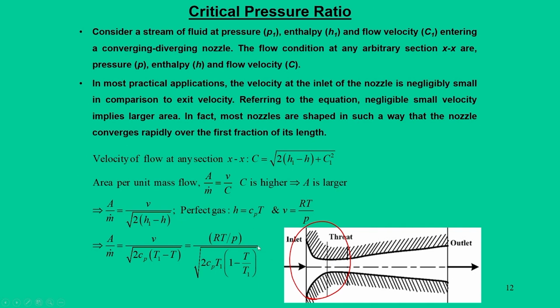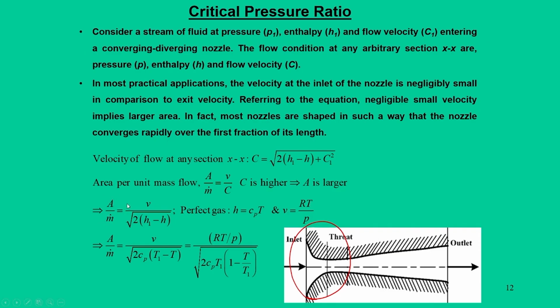Now, in this nozzle, suppose we are using a perfect gas, where we can assume that enthalpy can be represented as Cp times T, and we can use the equation of a perfect gas, that is PV is equal to RT.